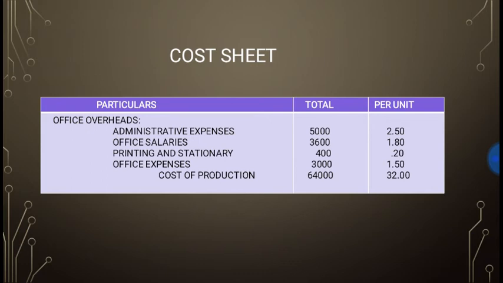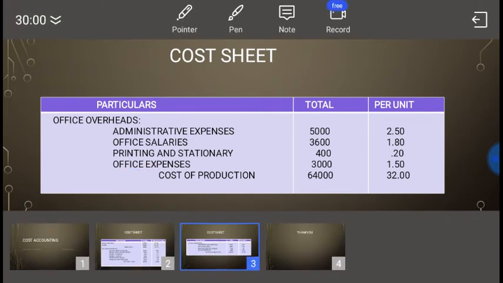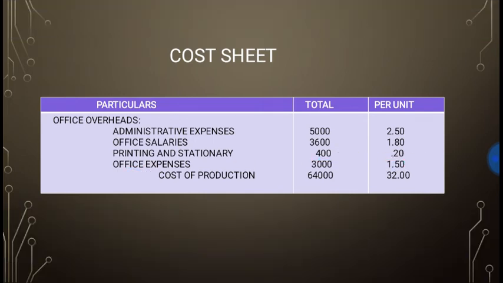Then printing and stationery 400 divided by 2000, that is 20 paisa. And of course administrative expenses, that is 5000 divided by 2000, that is 2.50. और आपकी कॉस्ट ऑफ प्रोडक्शन आती है 64,000 और पर यूनिट आती है 32 rupees.